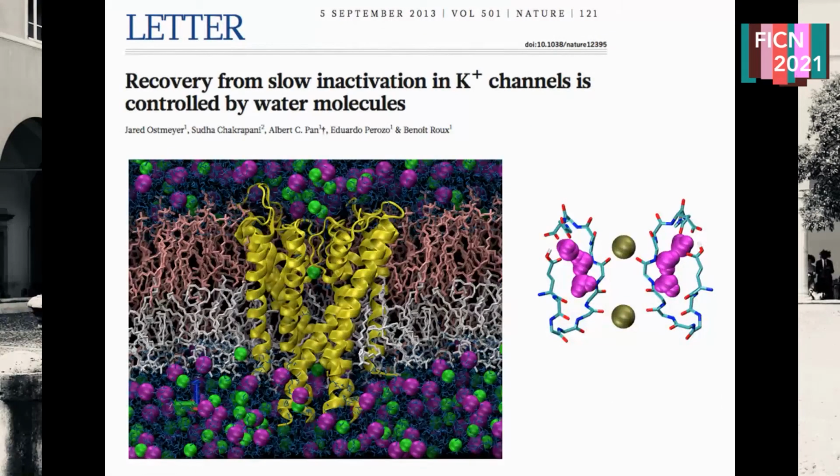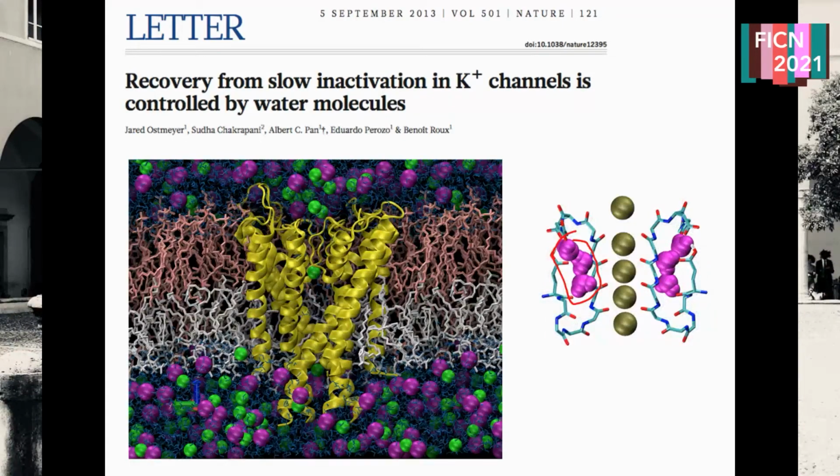This is work that we have done before, but it was about the recovery. This is where we found that the role of these water molecules that bind behind the filter is quite critical, because if you try to make the channel conductive in the presence of those waters, you get a clash, and the clash makes it impossible to recover.